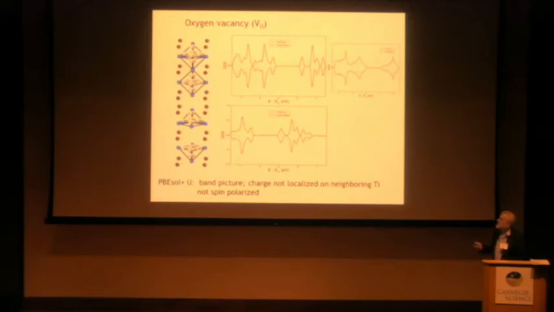Here are the distances between the ions without the oxygen vacancy, and here's with the oxygen vacancy on the bottom. And to the right, I show you the band structures. I must apologize. I did these calculations quickly and with a rather small set of K points, and so really there should not be a gap here.